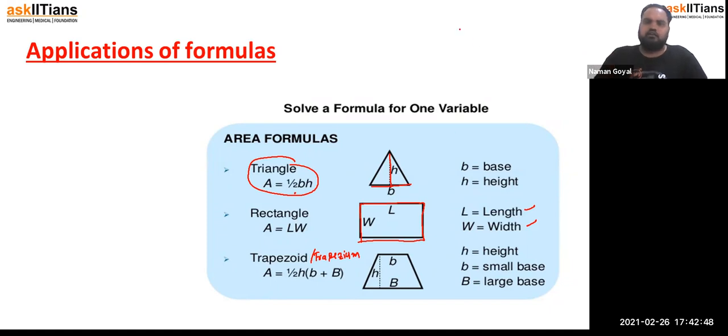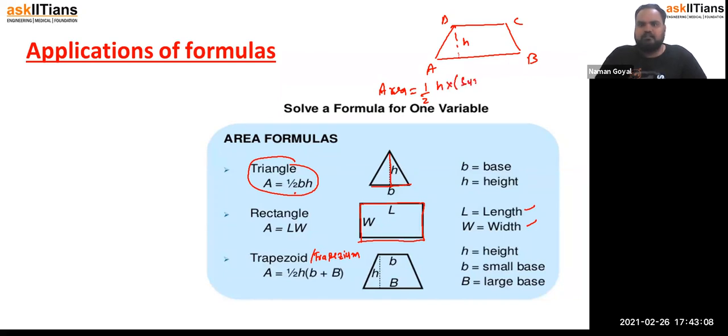If this is a trapezium ABCD, the area is equal to 1 upon 2 into height into sum of parallel sides. The most important part is that a trapezium is a quadrilateral in which two sides are parallel. In this figure, AB is parallel to CD.